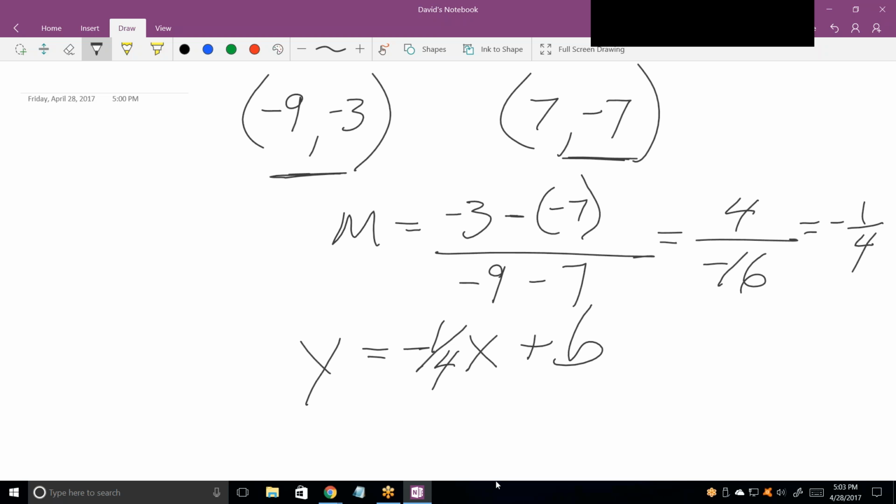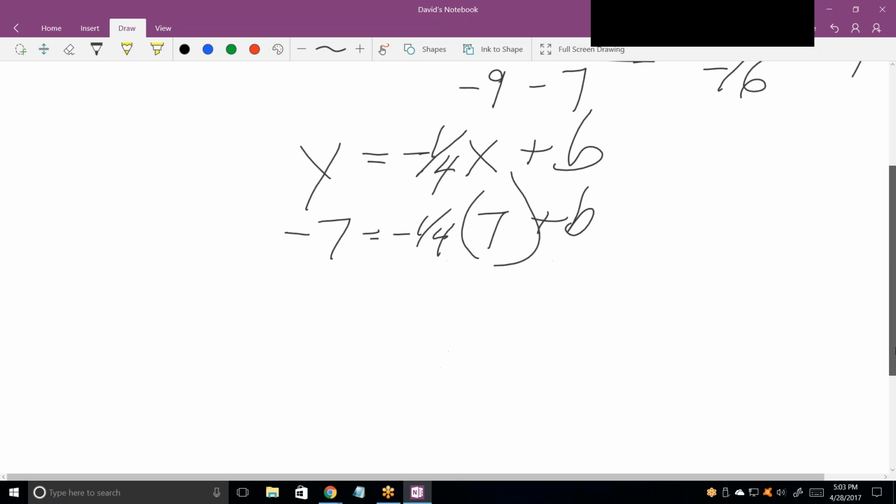So pick the simplest point to use. Let's do 7 and -7. So -7 equals -1/4 times 7 plus b. Now that's going to let us solve for b, because that's the only unknown.